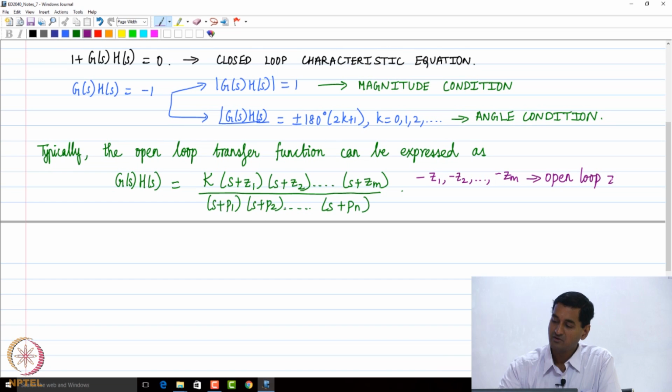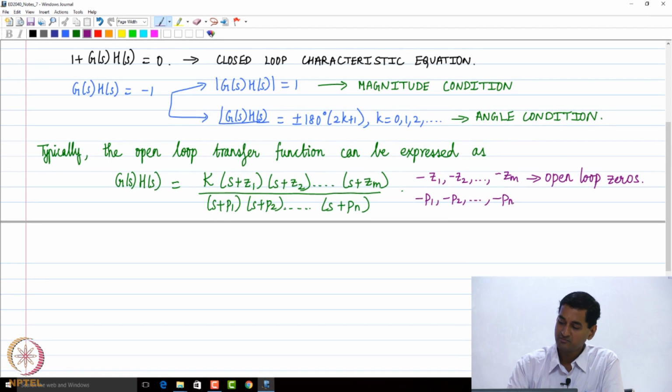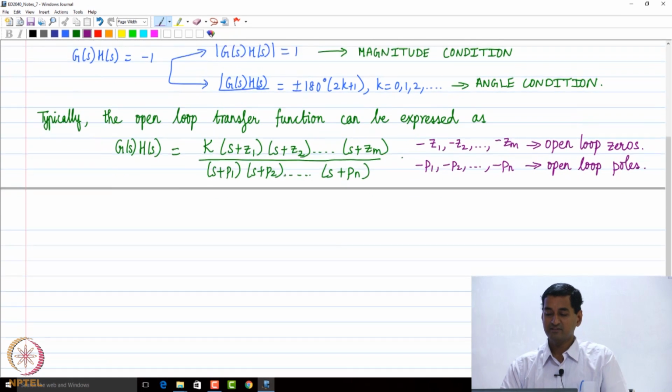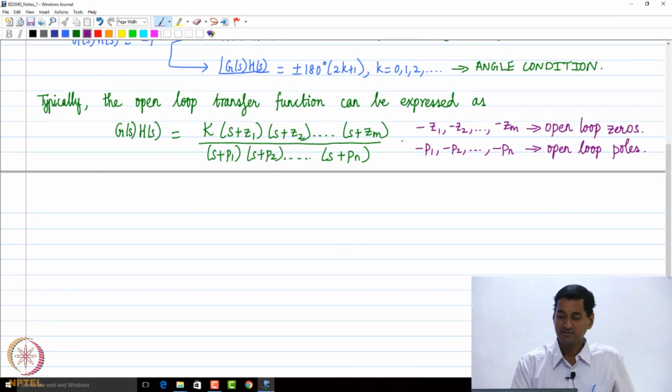That is the terminology which we already know.